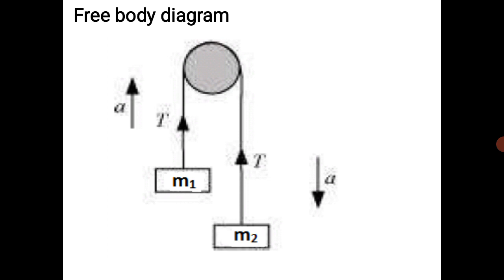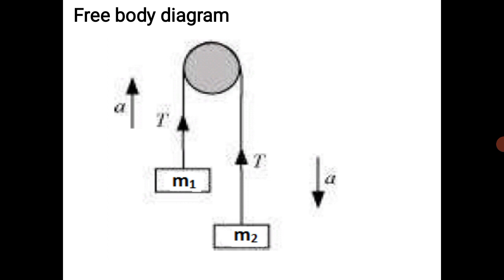One thing you have to remember: these two masses are attached with a rope or thread, so whatever the acceleration of m2, m1 has the same acceleration. Only the directions are opposite: m1 is accelerating up, m2 is accelerating down.